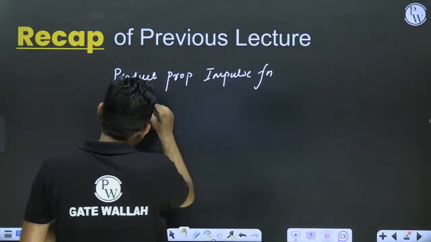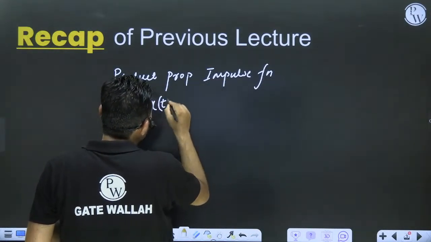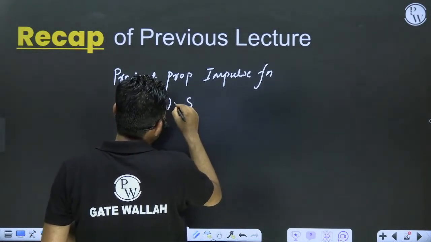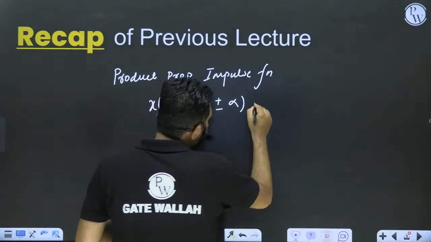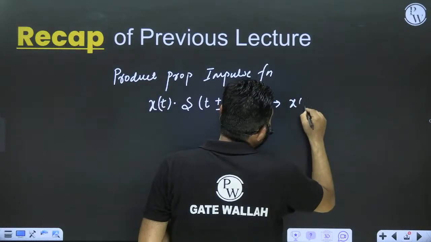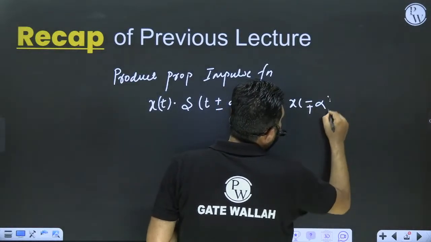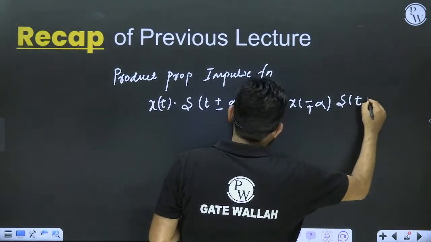We say that if we have x of t multiplied with delta of t plus minus alpha, then we have x of minus plus alpha times delta of t plus minus alpha.